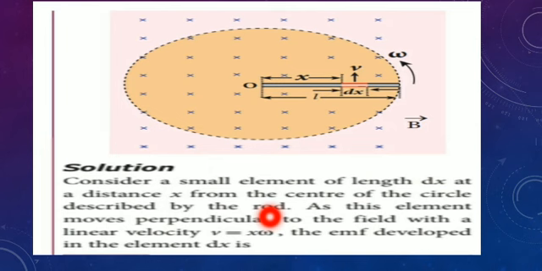As this element moves perpendicular to the magnetic field with the linear velocity v, velocity is equal to x into omega. The EMF is developed in the element dx.